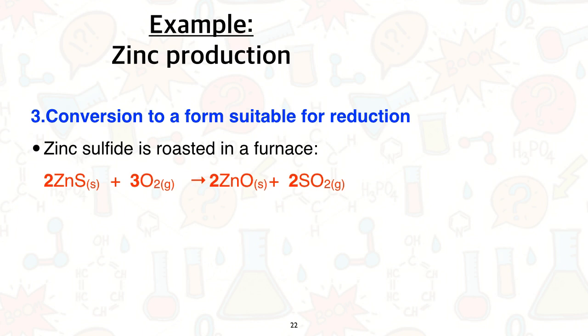It's going to convert the zinc sulfide into zinc oxide. In doing so, it also produces sulfur dioxide, which in the past we've associated as a pollutant that contributes to acid rain if we haven't isolated it and we've allowed it to release into the atmosphere.